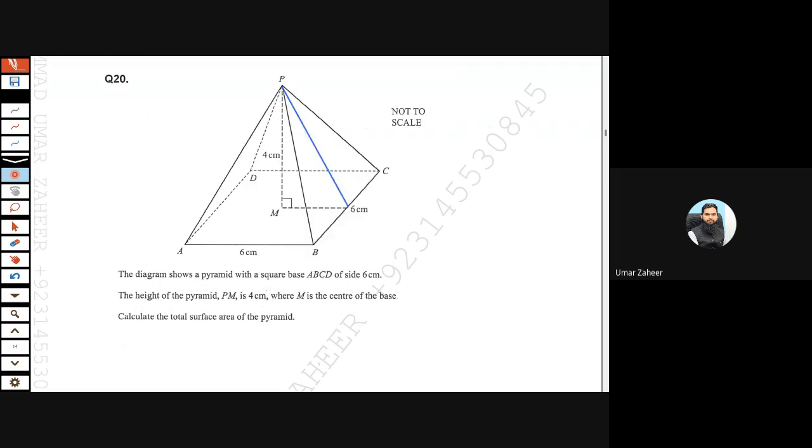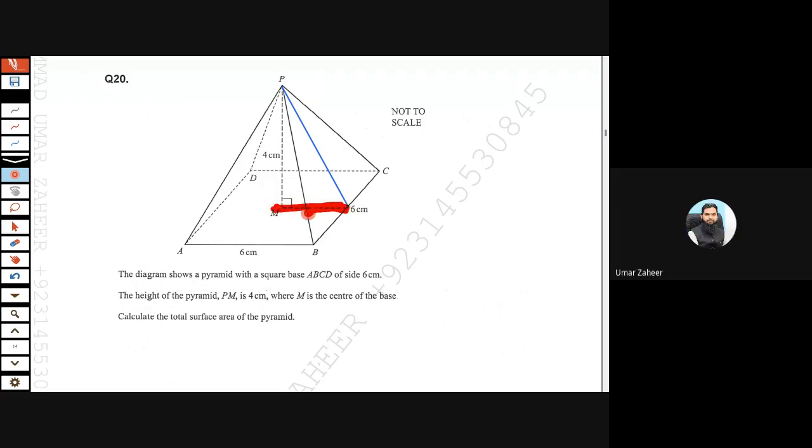How we can find it? Sir, Pythagoras theorem. By using Pythagoras theorem. So we don't have this length as well. How we can find this one? Sir, half of 6. We have to take half of 6.